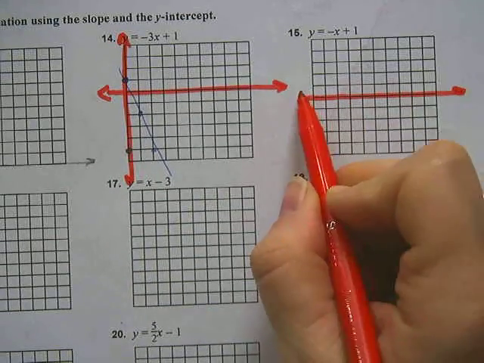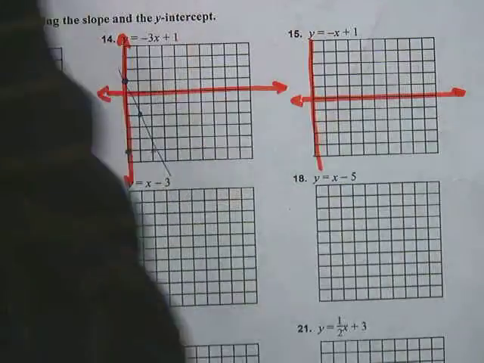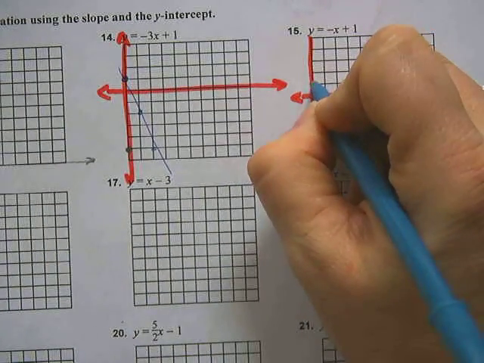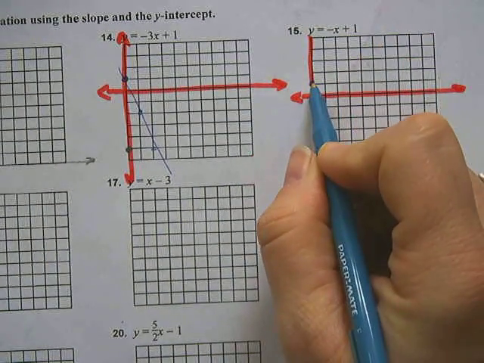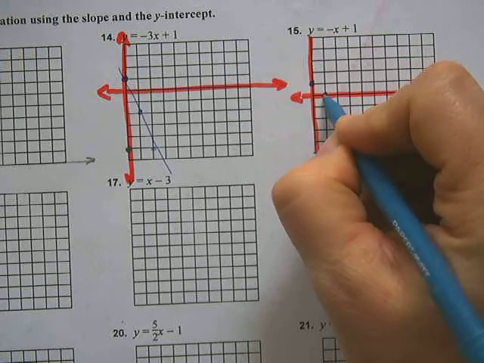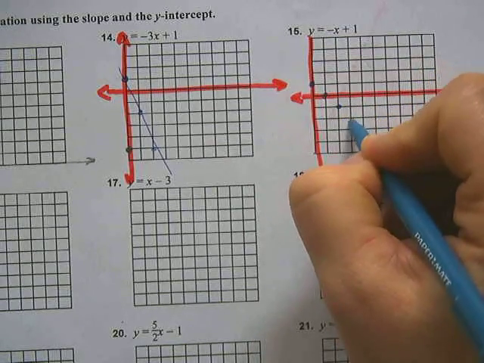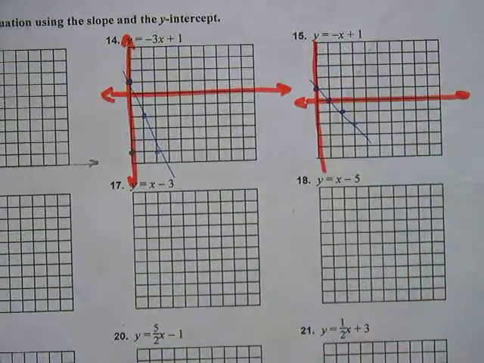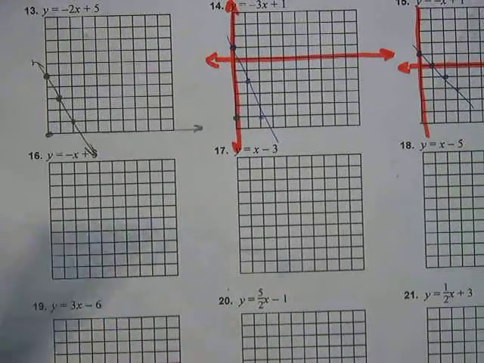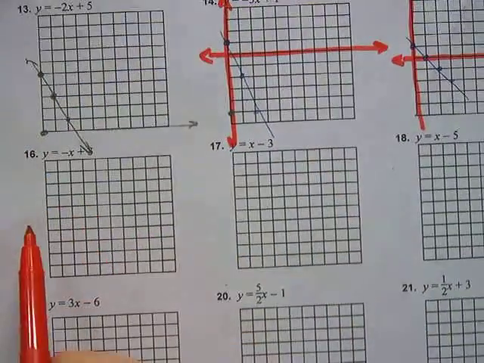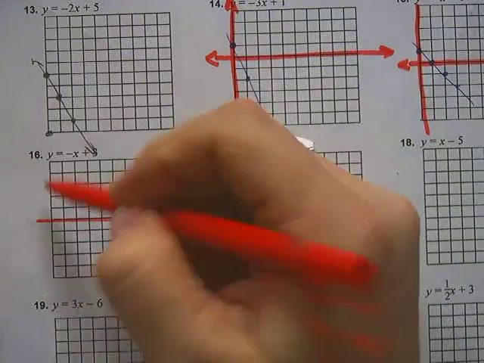Okay. This graph, I'm going to move our origin up again here. Y-intercept of 1. A slope of -1 means we go down 1 over 1, down 1 over 1. Okay.